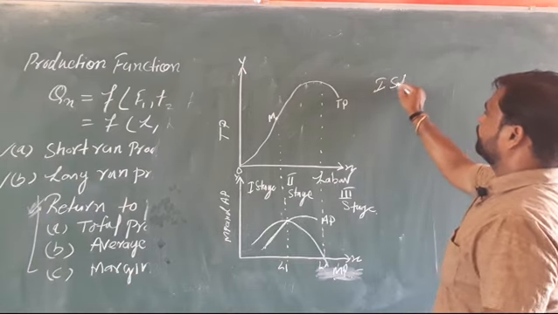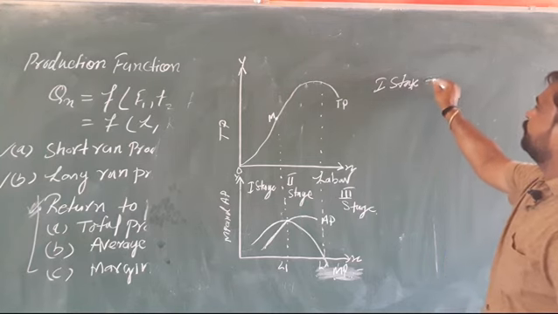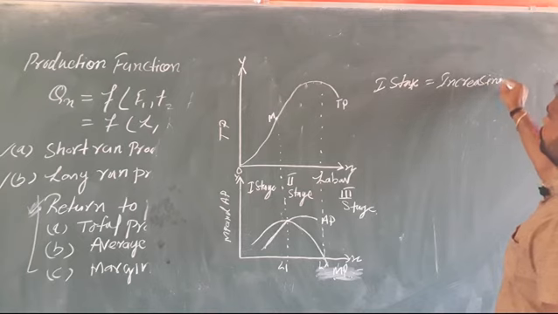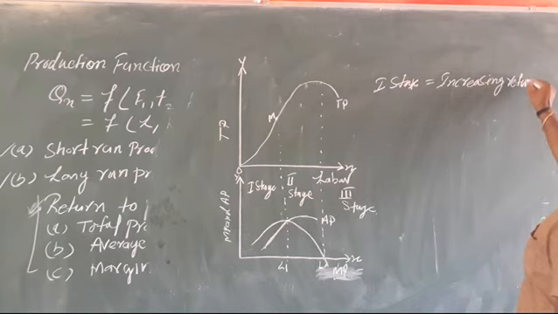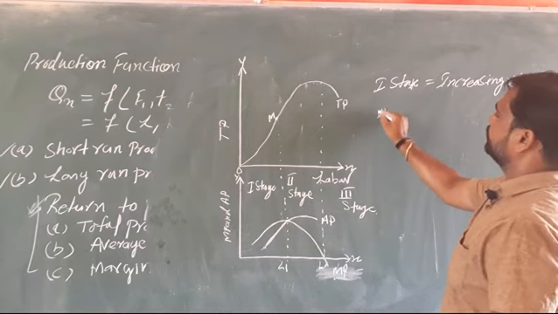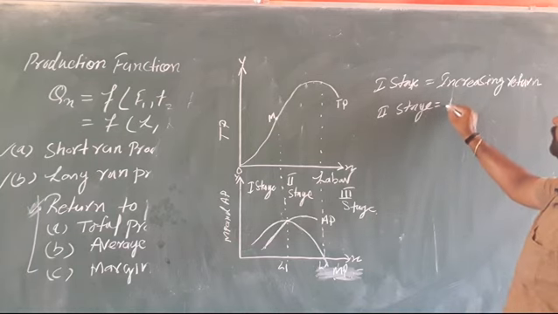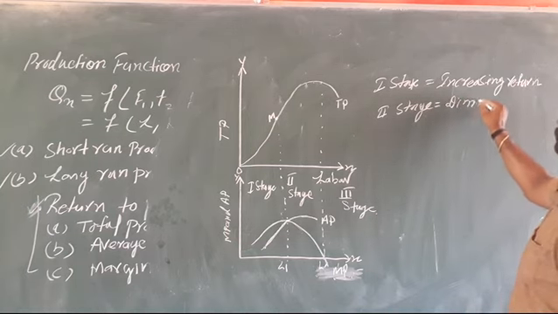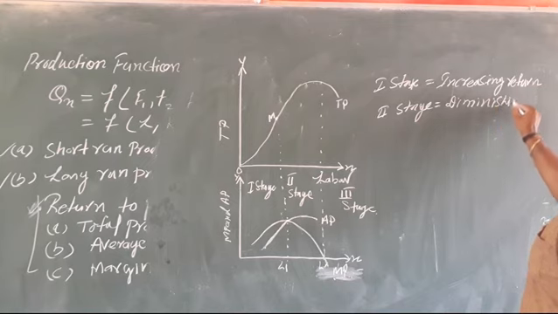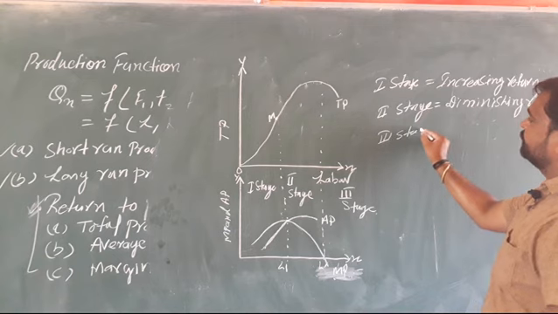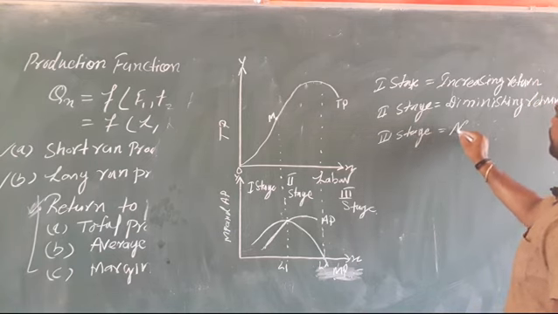First stage with the name of increasing return, second stage known with the name of diminishing return, third stage, stage 3, known with the name of negative return.